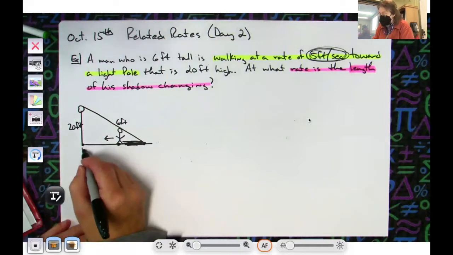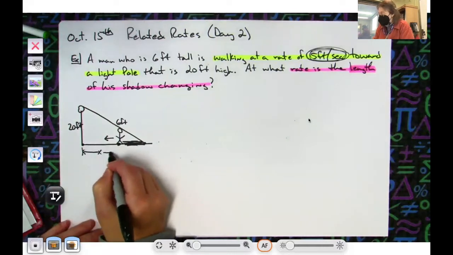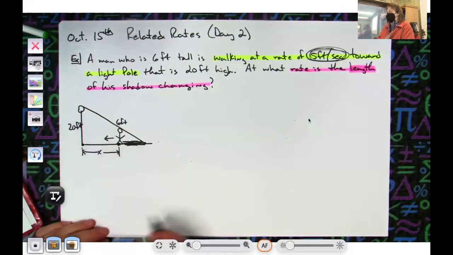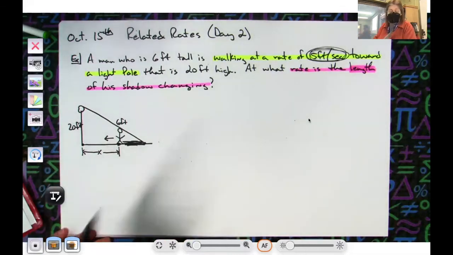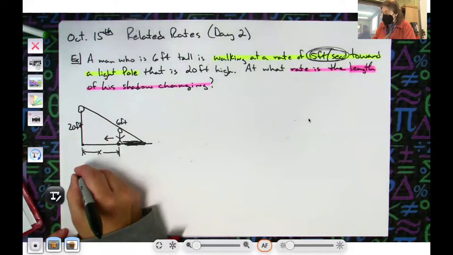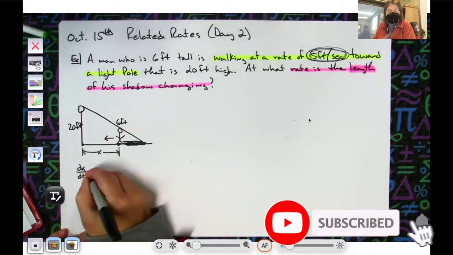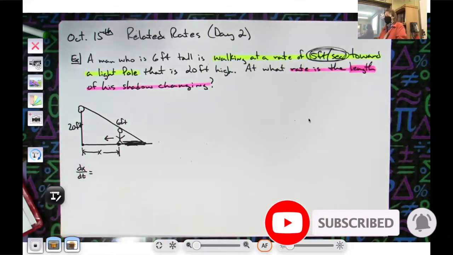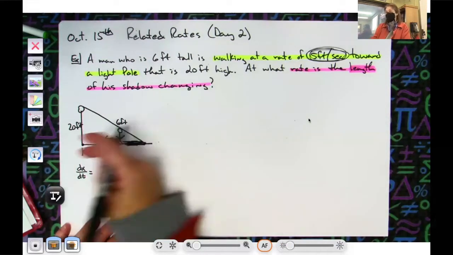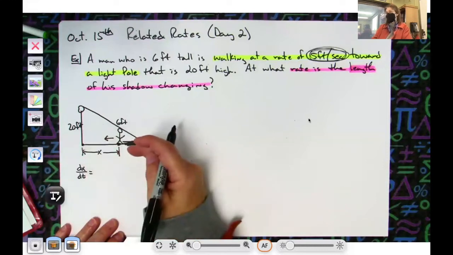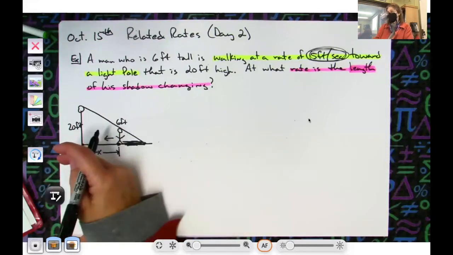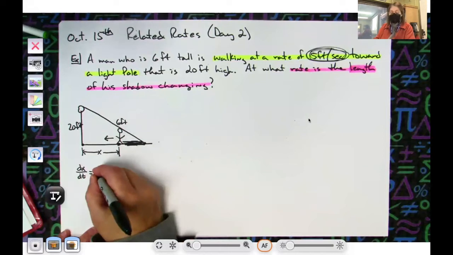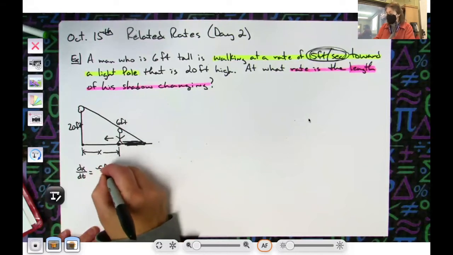So from here to here, we're going to say is X. I got to pick something. And they've given me the rate of change of X with respect to time as being 5 feet per second. Now, he's going towards the light source. So is this positive or negative? Negative because it's getting shorter, right? So negative 5 feet per second.